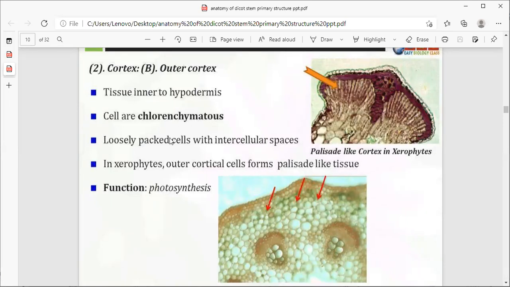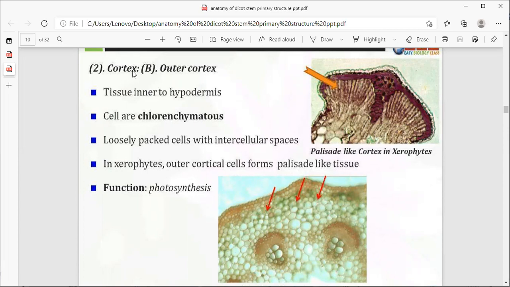We can also find loosely packed cells with interstitial spaces. In xerophytes, these cortical cells form palisade-like tissue, where long barrel-shaped cells are arranged, called palisade tissue. We find this in xerophytic plants.